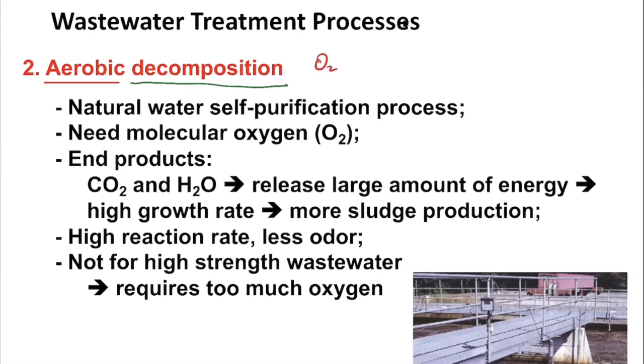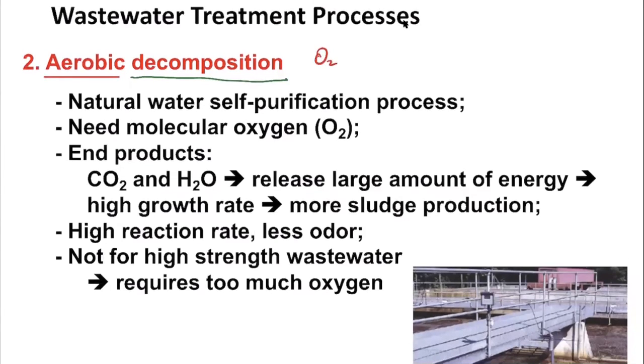When the animals decompose these organics, they need oxygen. And the major reason for this aerobic decomposition to be the dominant process is that it can produce a large amount of energy, right? And most of the time it's a natural water self-purification process.